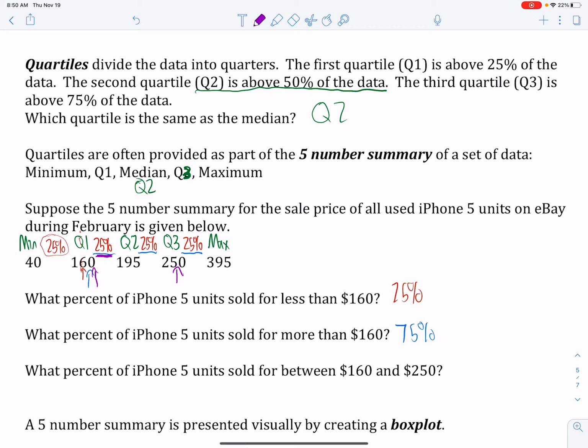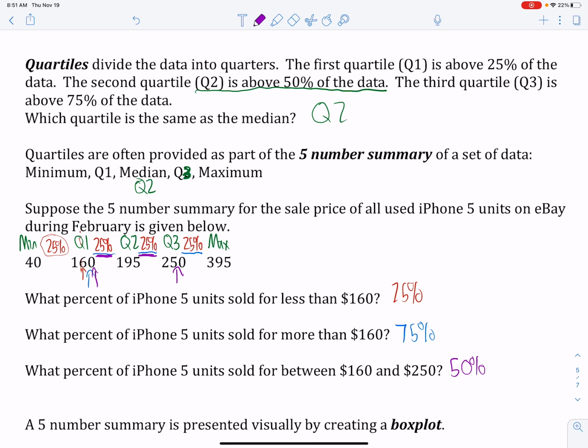In between those, we have 25% and 25%. Put together, that gives us 50%. So when you're given a 5-number summary, there's always 25% between each number. The minimum, the maximum, and the quartiles, there's always 25% between those numbers.